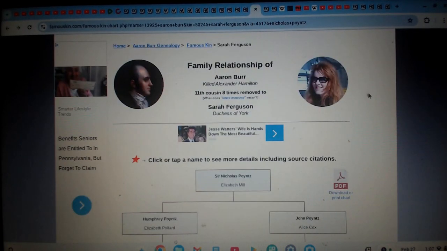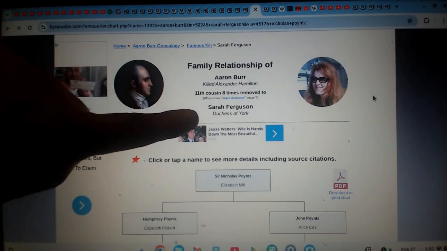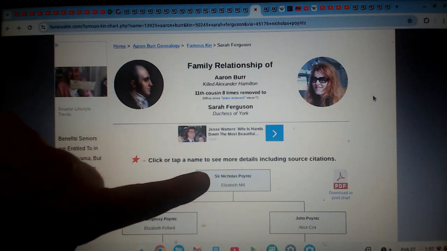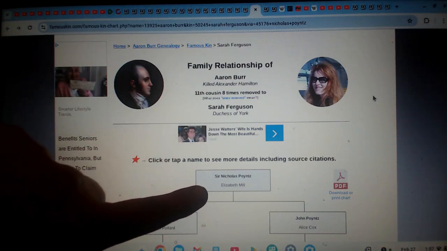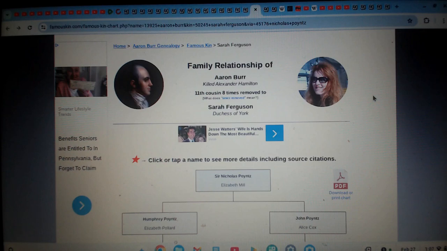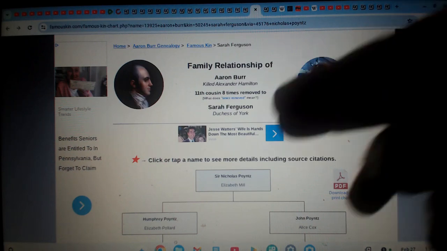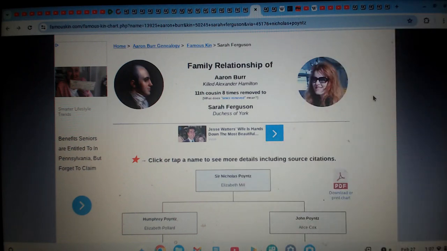And then you got even Sarah Ferguson, the Duchess of York today, Sir Nicholas Ponce and Elizabeth Mill. See, those are the nodes for them, okay? This Ponce thing, that's the nodes for the English monarchy after Elizabeth I. After Elizabeth I, the U.S. nodes are what I said.